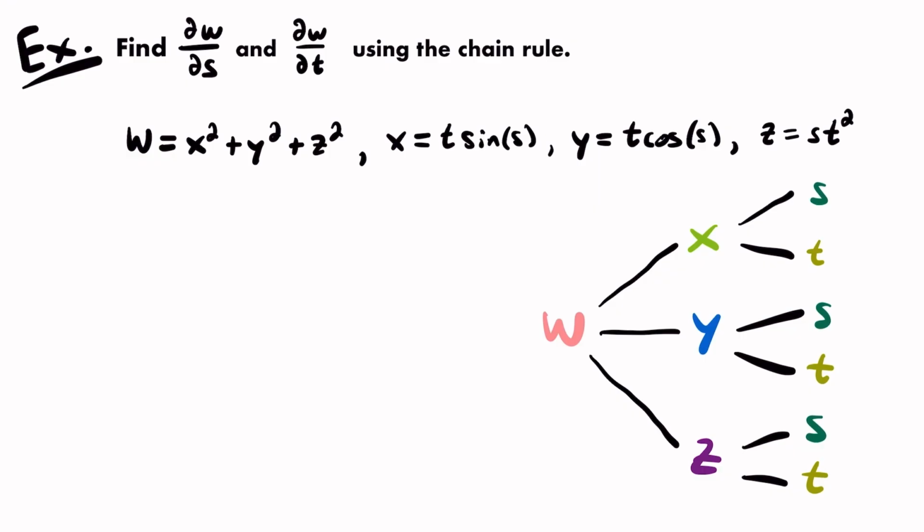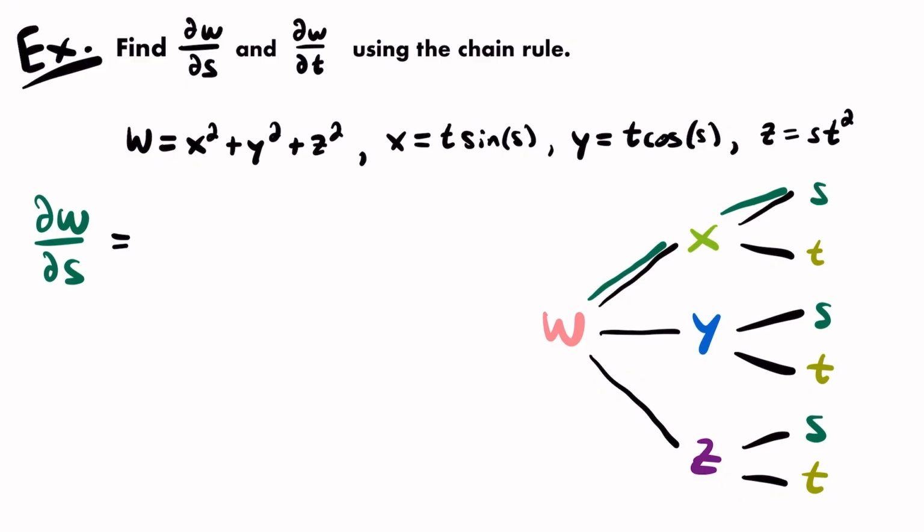But now let's set up the formulas, starting with the partial derivative of w with respect to s. What would that be equal to? Well, what we want to do is trace along the paths that lead us from w to s throughout the tree. So one of those paths would be this path right here that takes us from w to x to s. So we'll take a partial of w with respect to x, and then take a partial of x with respect to s.